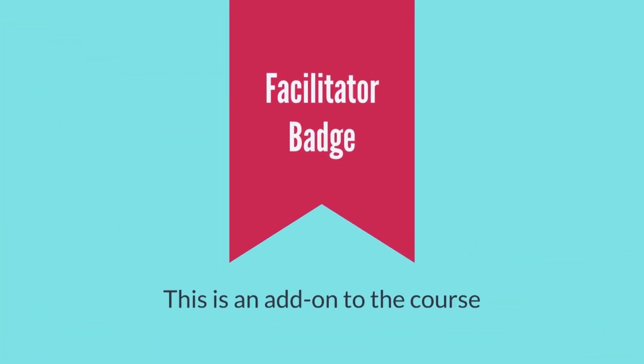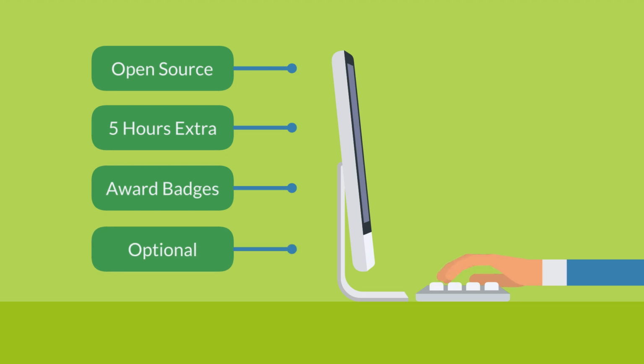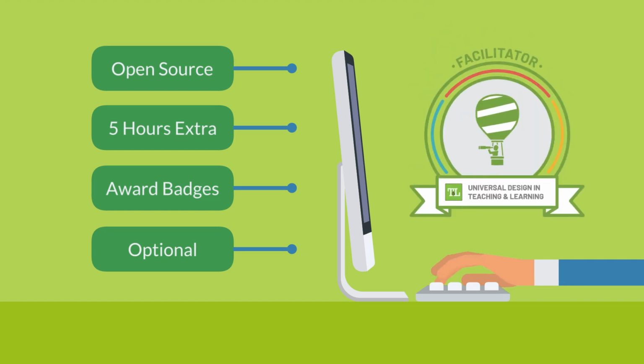There is one other optional component which is sometimes available for participants of this course, and that is the Add-on Facilitators Badge course. All of the materials of the UDL badge course are actually open source, and it is possible with a 5-hour add-on activity to get a badge from the National Forum for the Enhancement of Teaching and Learning, which will enable you to roll out this course to your colleagues at a later date and award them the UDL badge on completion.